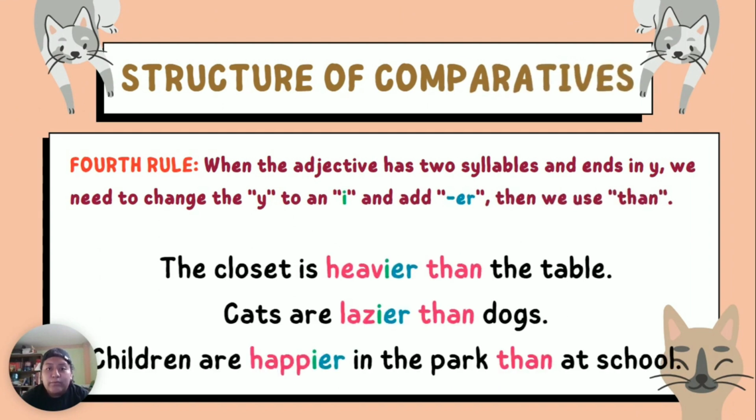Fourth rule. When the adjective has two syllables and ends in Y, we need to change the Y to an I and add ER. Then we use than. For example, the closet is heavier than the table.